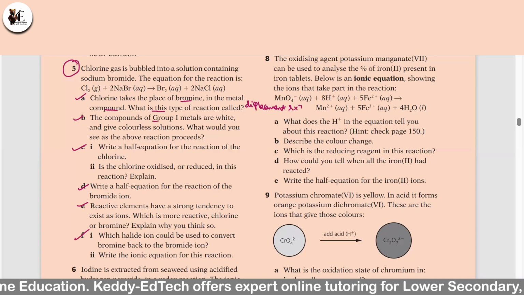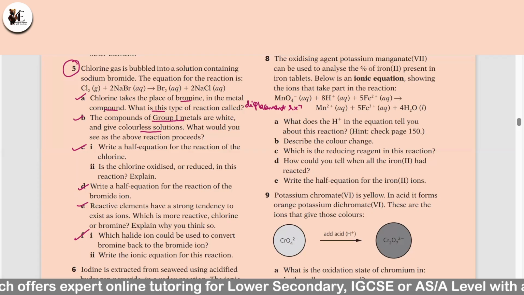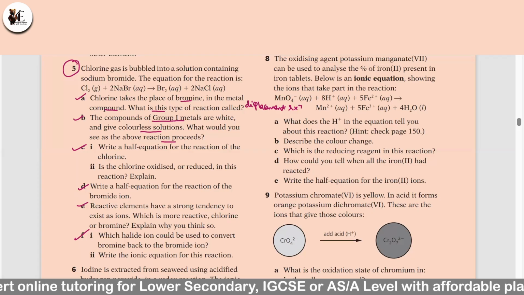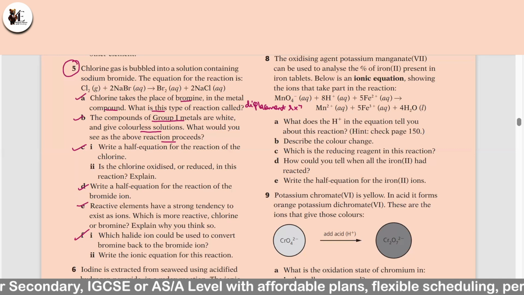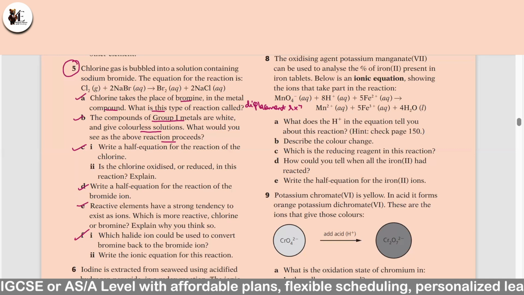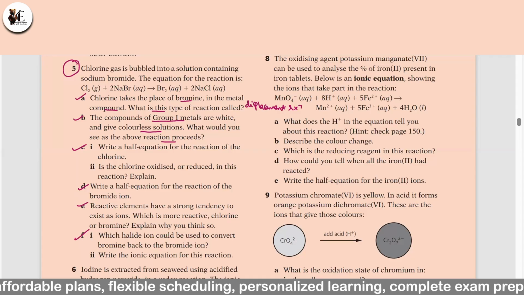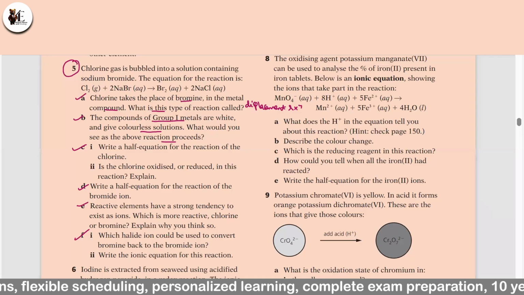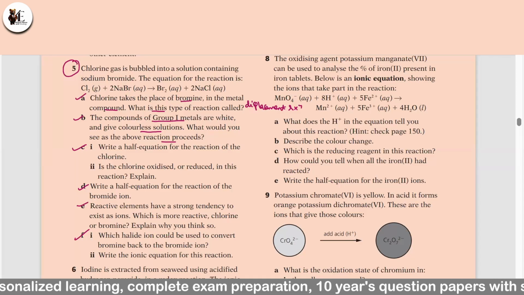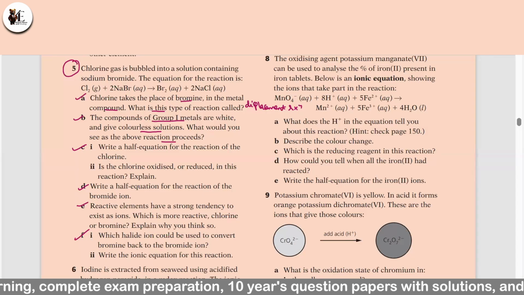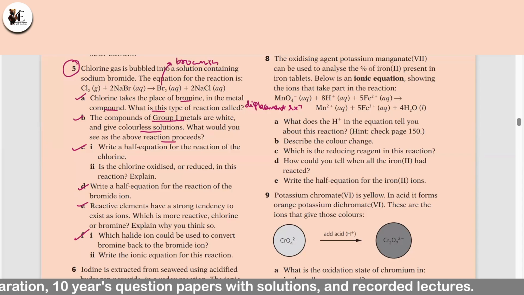The compounds of group 1 metals are white and they give colorless solution. So what would you see as the above reaction proceeds? The solution would turn from brownish to white. Brownish is this gas and colorless is this.